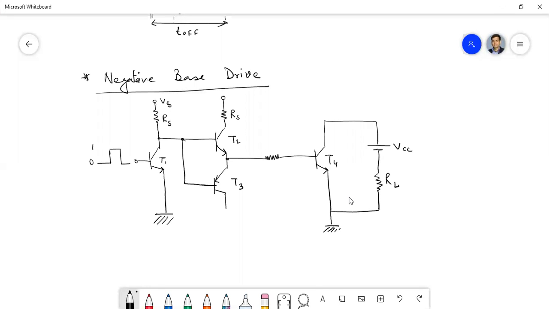Now here we will apply some negative voltage, around 5 volts suppose. Now how will this negative bias in the T3 transistor, that is the PNP transistor, help in reducing the off time for the T4 transistor?